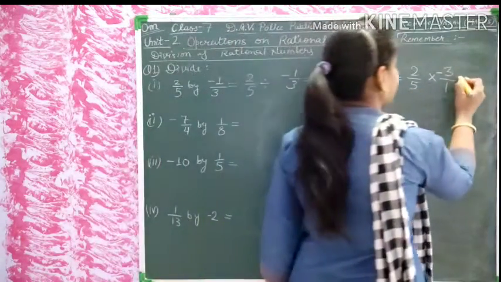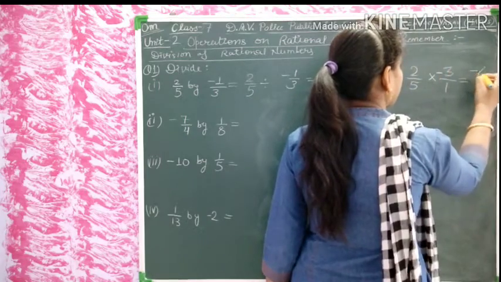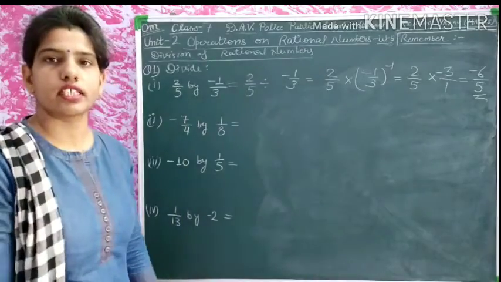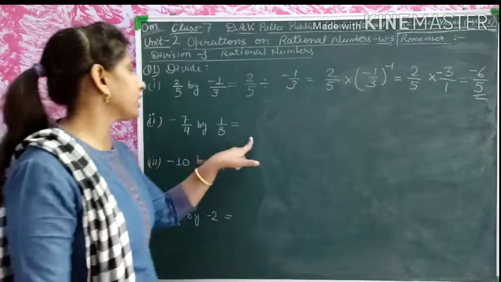Now the product is 2 times 3 is 6, minus 6 divided by 5. We get this answer. Is this clear, students? Now we will go to the next question.